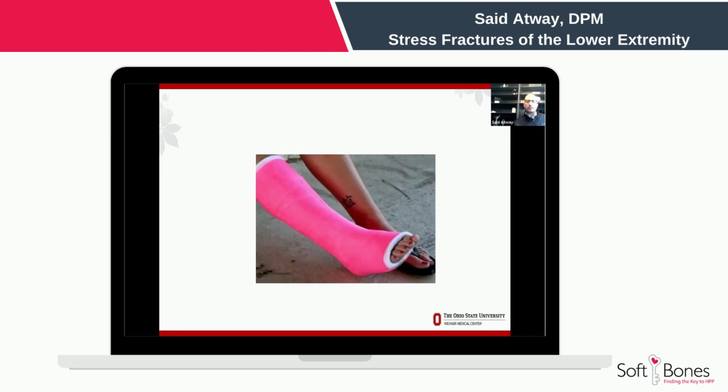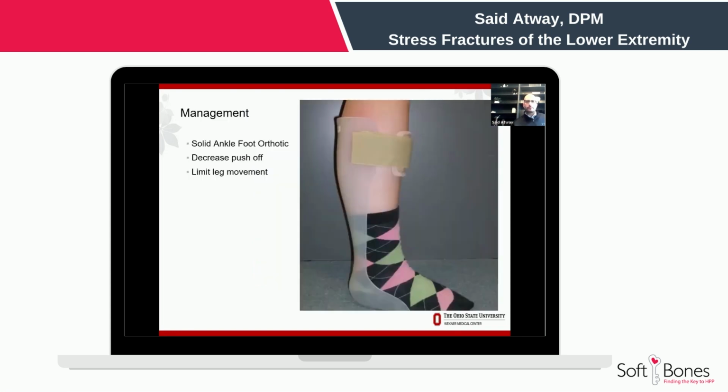It may not necessarily be complete osseous healing on imaging, but getting the patient to the point where they might have a pseudo fracture and their symptoms are controlled. How do we manage these folks long-term though, once we get them to the point where they have reached their goal of either a pseudo fracture, an asymptomatic fracture, or complete healing? How do we prevent them from refracturing?